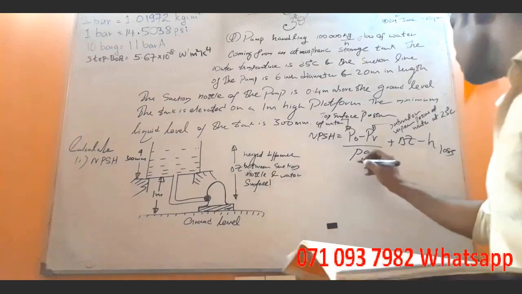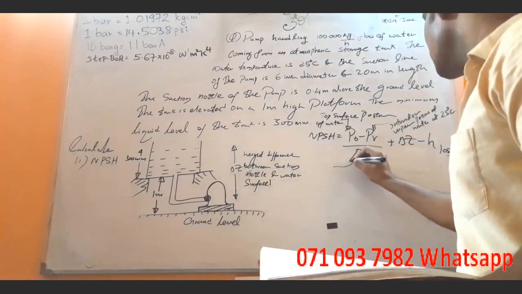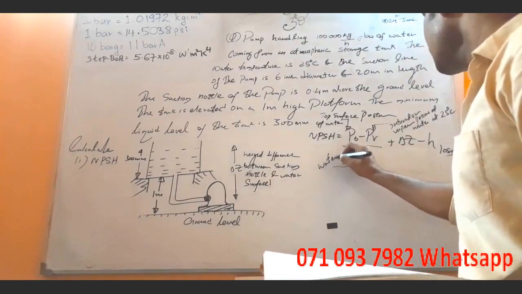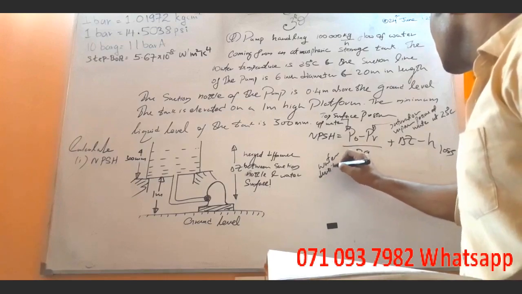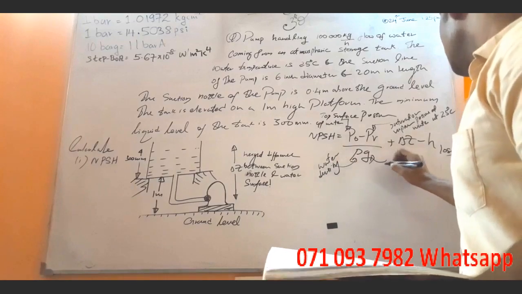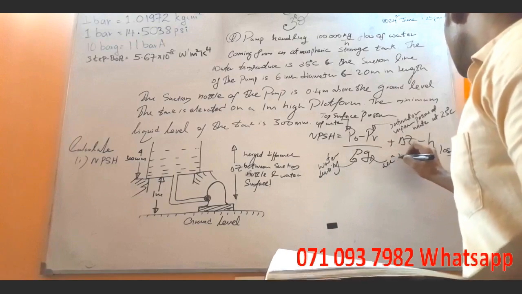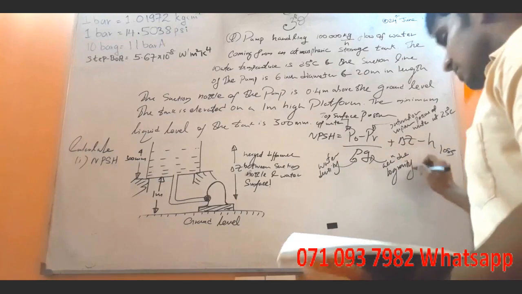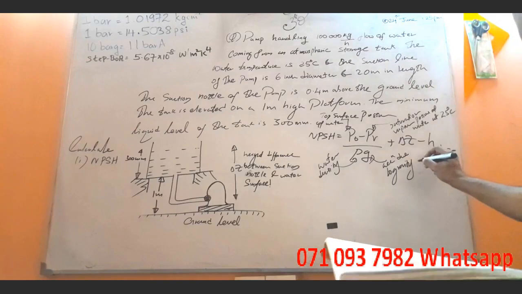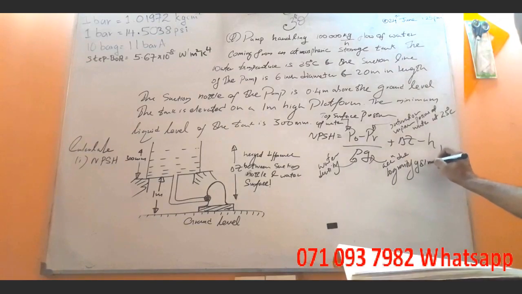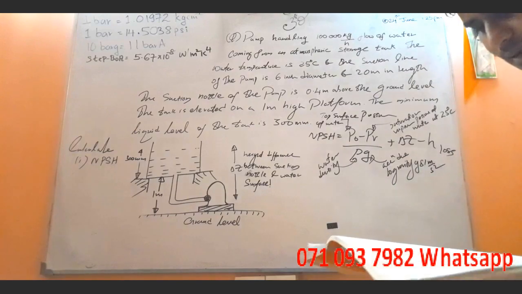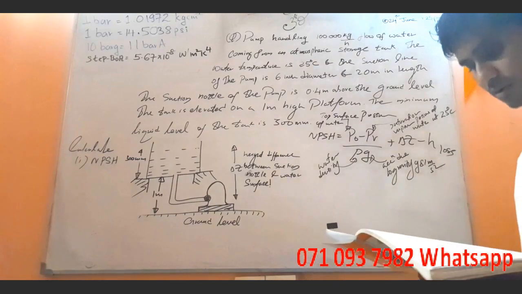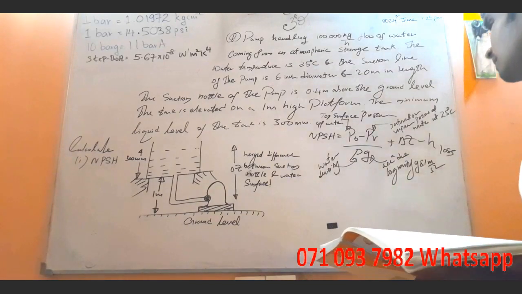Rho is the water density. G is the acceleration due to gravity, 9.81 meters per second squared.